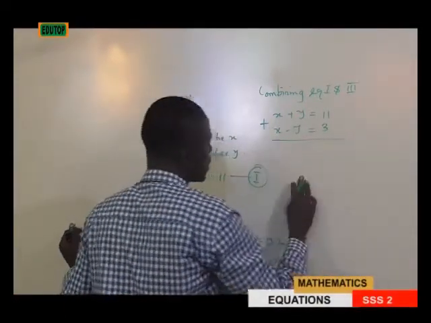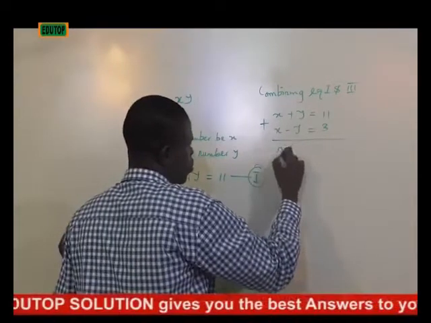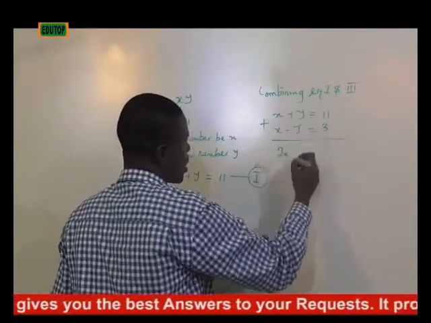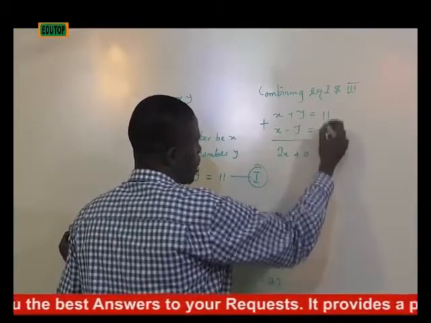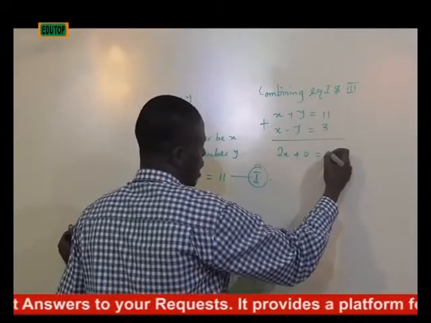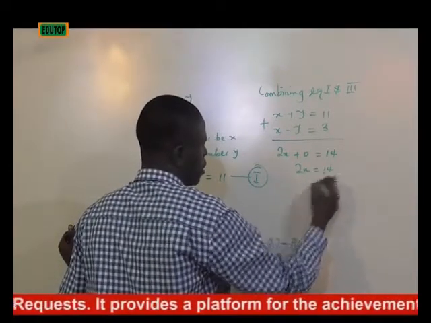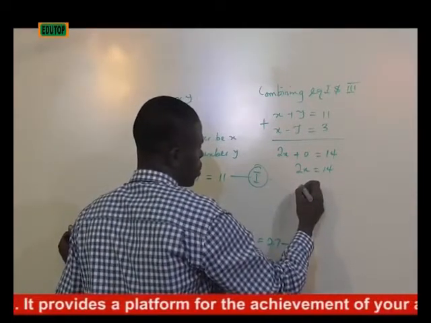By so doing, x plus x, we have 2x, plus y plus minus y becomes 0. 11 plus 3 becomes 14. So we have 2x equals 14.